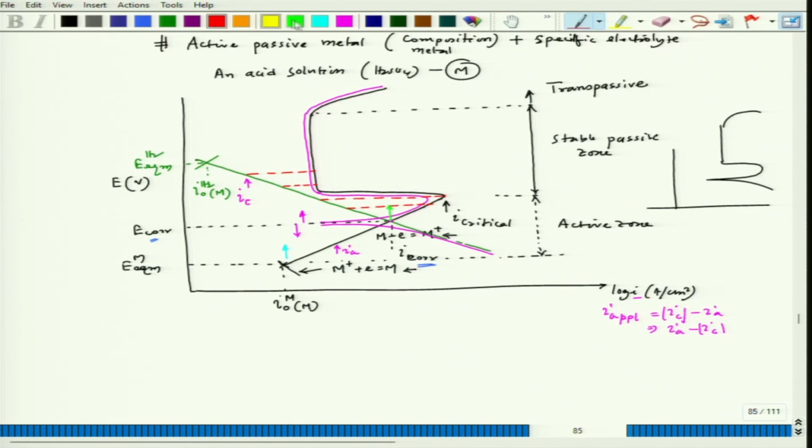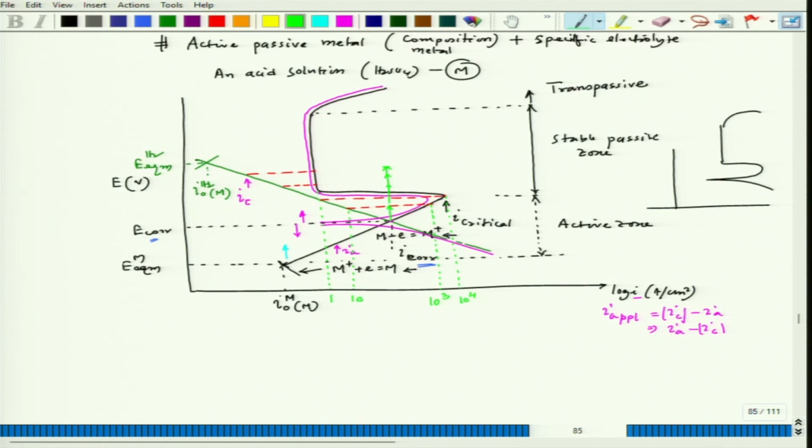So, my potential is gradually moving up since I am employing anodic polarization. So, let us assign some value. Let us say this value corresponds to 10 to the power 3 and this value corresponds to 10 to the power 4. This value corresponds to, let us say, 1.